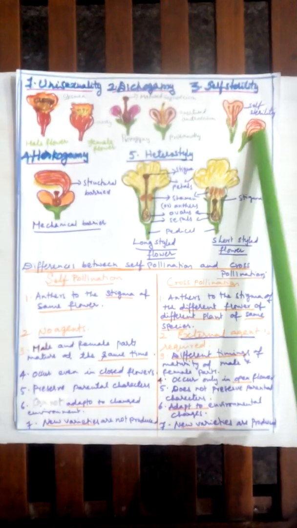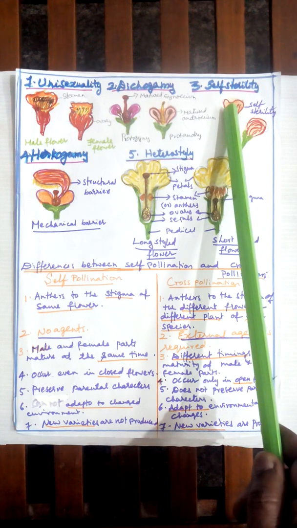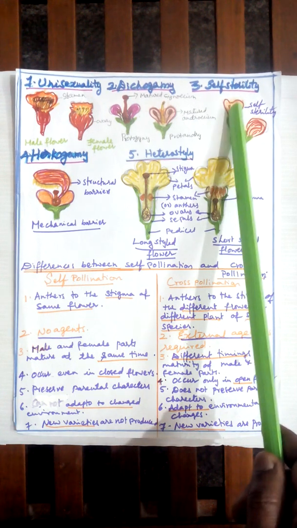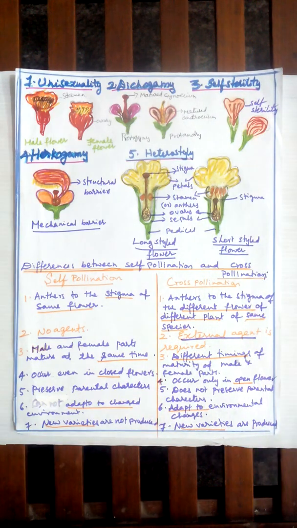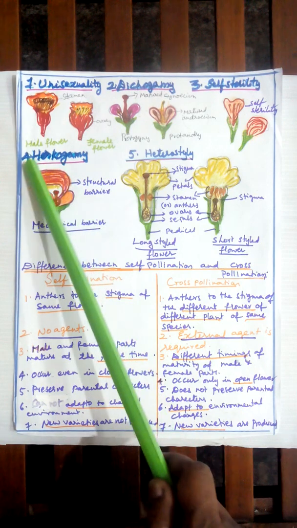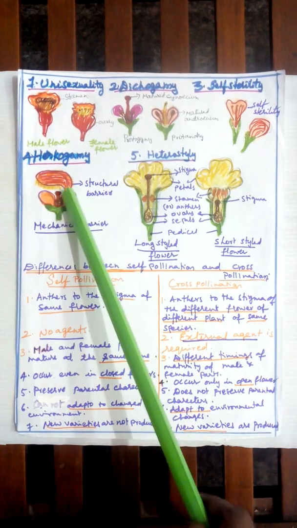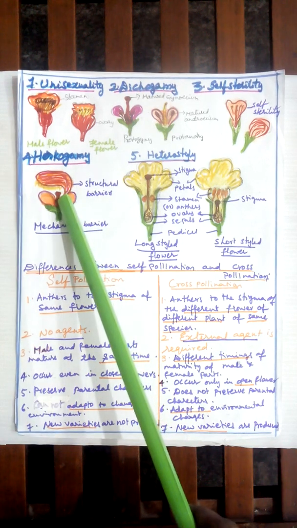And self-sterility: suppose the pollen grain of the same flower falls, it will not germinate. This is self-sterility. Now we are moving on to hercogamy. Here you can see a hood-like structure which prevents self-pollination and promotes only cross-pollination.